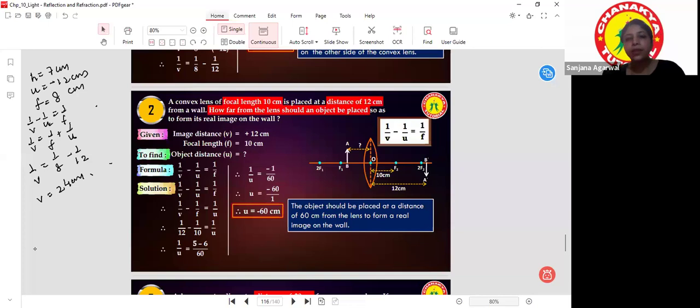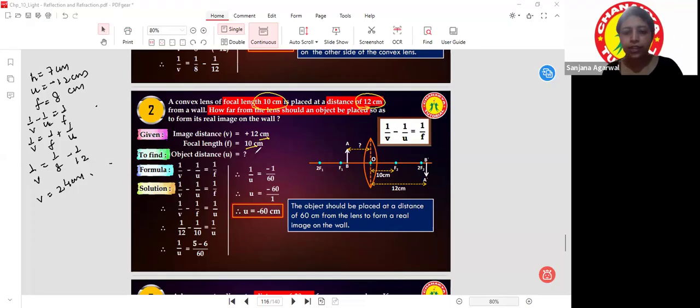Fine. Similar question. Convex lens of focal length 10 centimeter. Distance of 12, u is given, focal length is given. How far from the lens should an object be placed so as to form its real image on the wall?